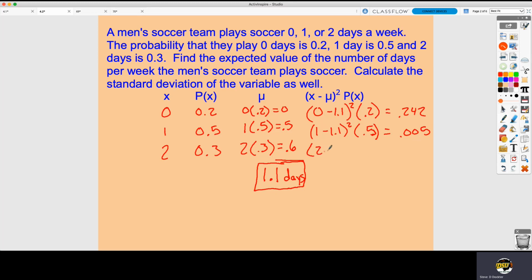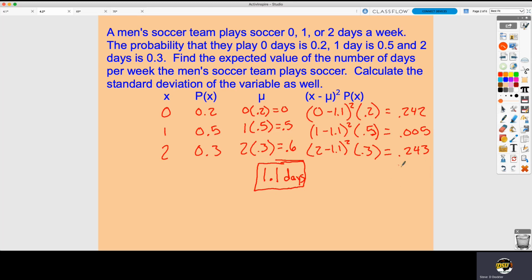And then for the last one, we go 2 minus 1.1 squared times 0.3. And we get 0.243 here. Okay. Now, we have to use these numbers to be able to get our standard deviation.